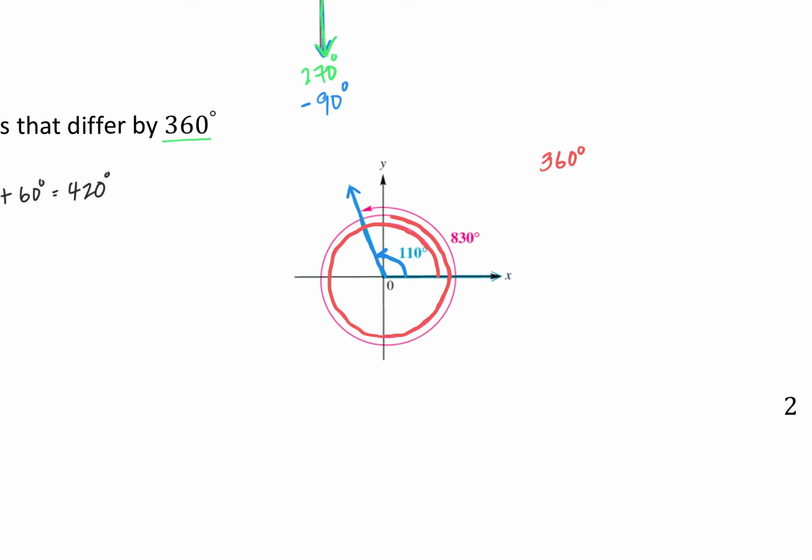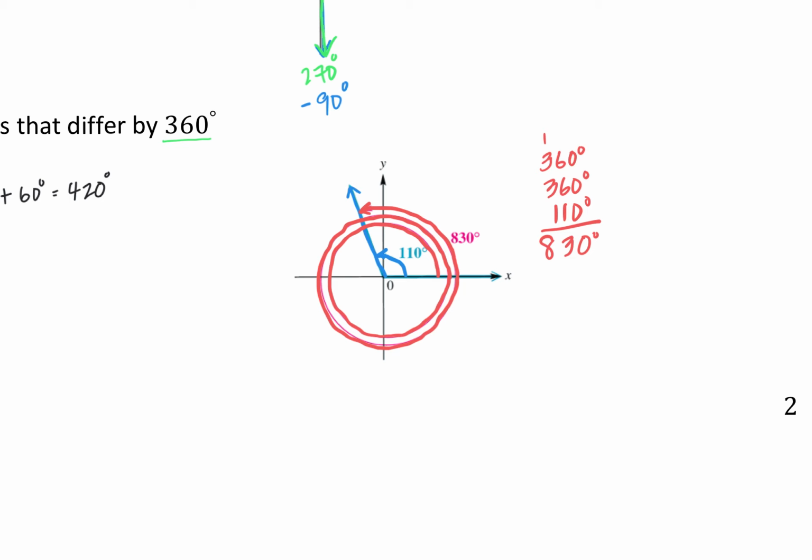Keeps going another full rotation. So that's another 360 degrees. And then goes 110 degrees. So if we add that all up, we get 830 degrees. So 830 degrees and 110 degrees are coterminal.